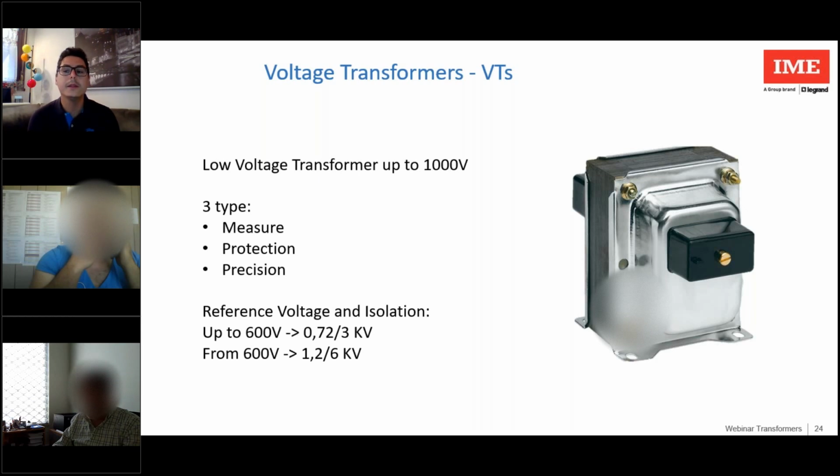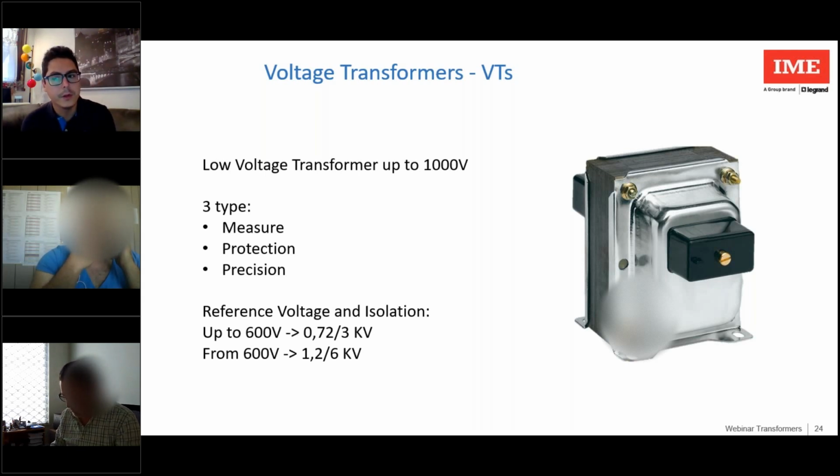Here, these installation references are obviously based on the voltage of the primary side. Up to 600 volt, we have 0.72 kilovolt, and beyond this, from 600 volt, we have insulation 1.26 kilovolt.